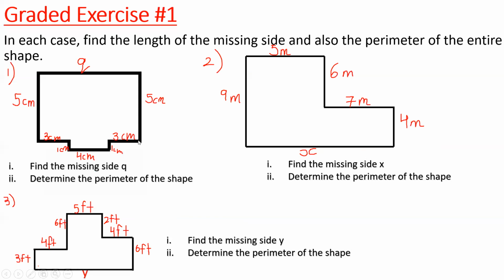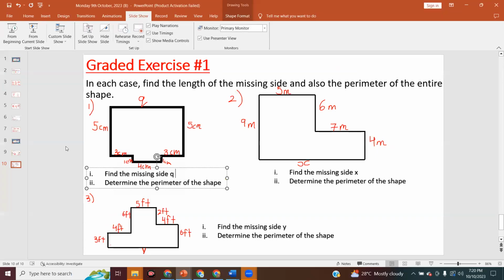So it's 3, along with 4, along with 3, because that's the entire thing, the whole thing. You do not add the ones because the ones are not a part of it. So it's going to be equal to 3 centimeters plus what?